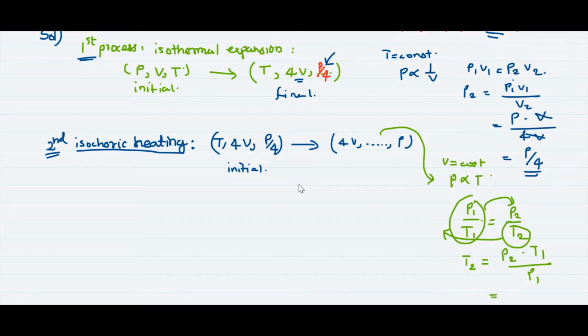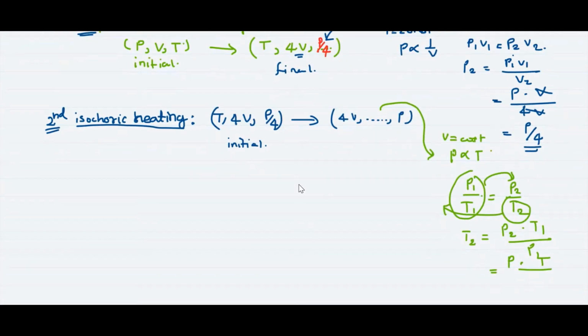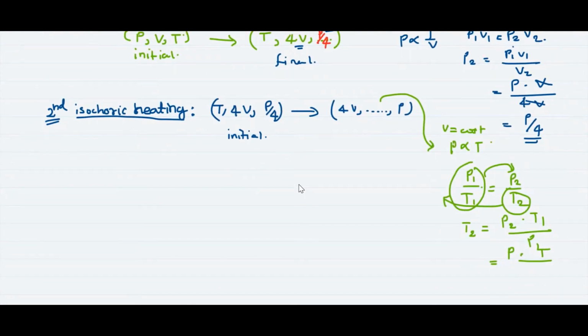Okay, so P2 is P, T1 is here T, divided by P1. P1 is P by 4.